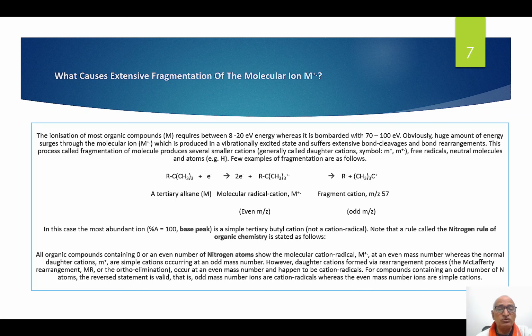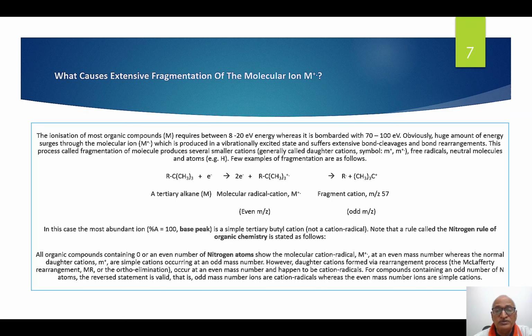This is a very important rule. I repeat the rule. If a compound does not contain nitrogen or it contains an even number of nitrogen atoms, then what will be the case? The molecular mass number of the molecule will be even, and also the molecular cation radical will be at even mass number. But the fragment ions will be at odd mass number if they don't possess the radical character.